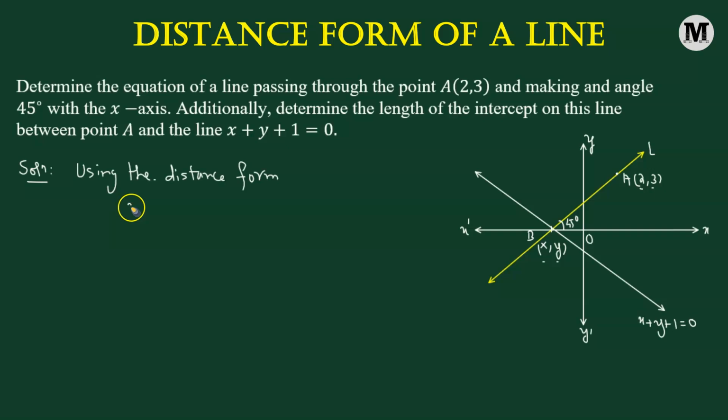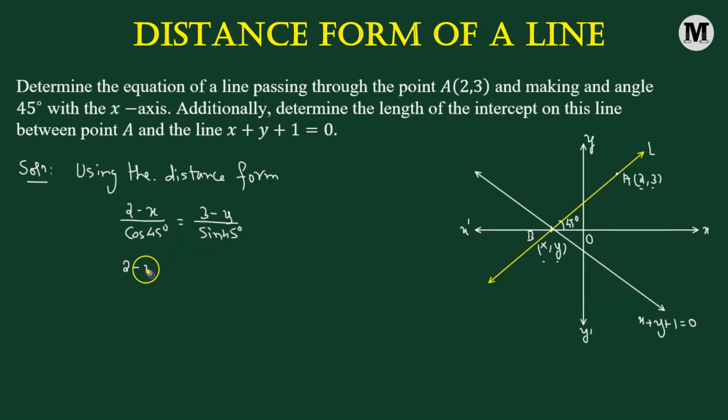So our equation is going to become (2 - x) divided by cosine of the angle 45 degrees, equals (3 - y) divided by sine 45 degrees. Now let's simplify this equation.